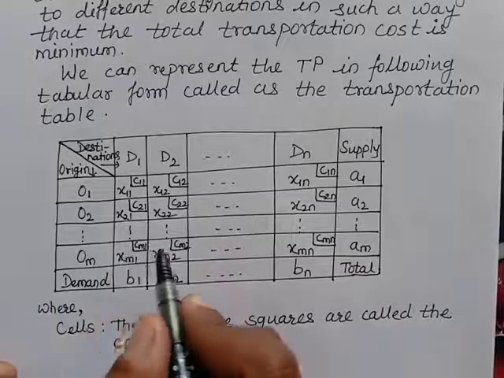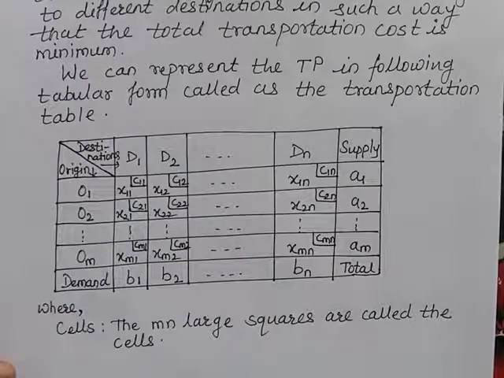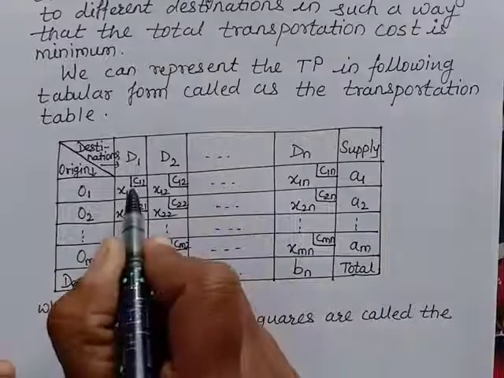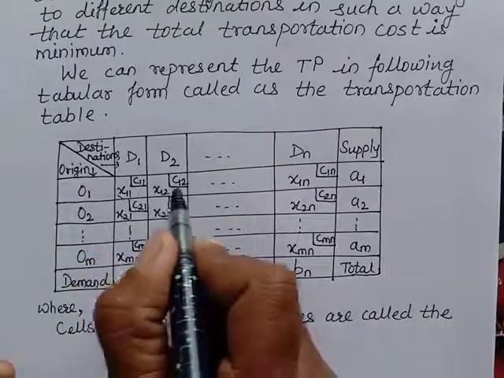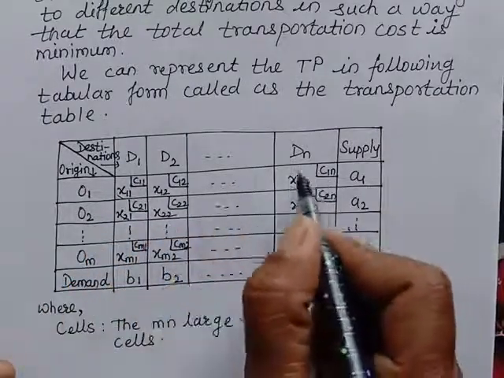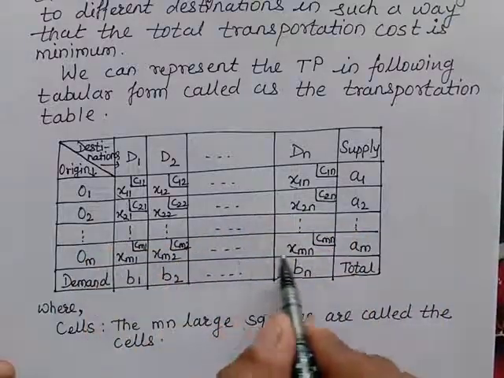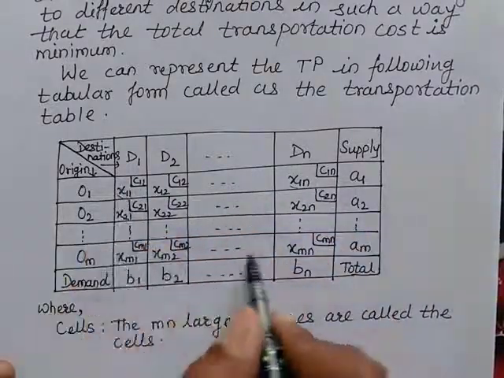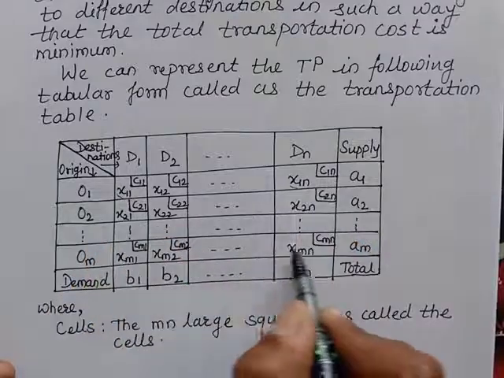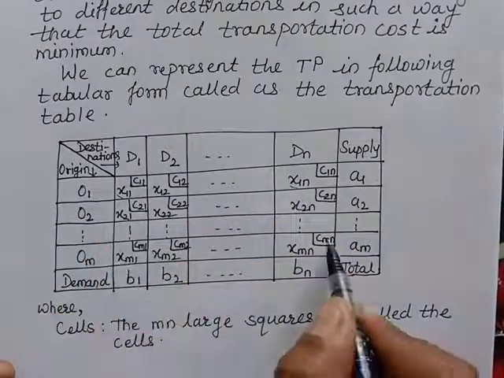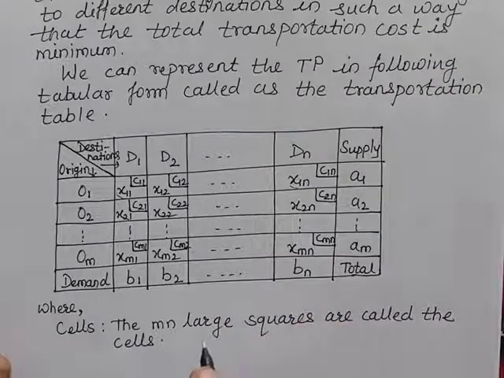Large squares means these ones, having the cost. This is a cell, this is also a cell, and so on up to these are cells. So these are our cells. These are mn large squares having cost and the variable also.